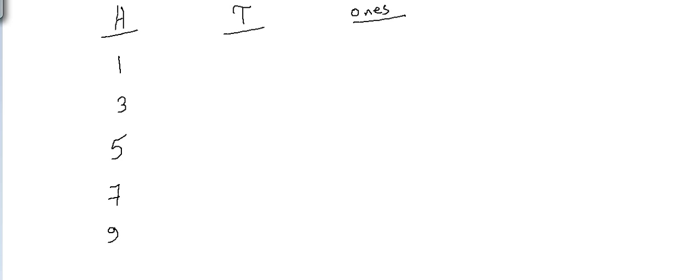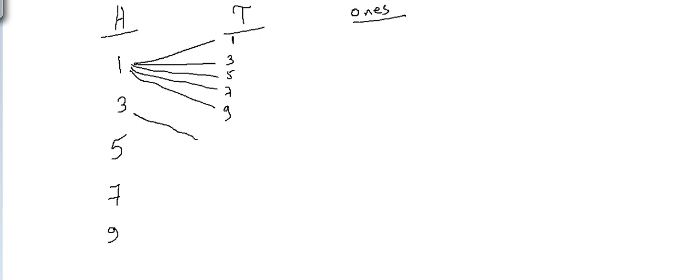Then in the tens place, if I used 1 in the hundreds place, how many possibilities can we have in the tens place? Also 5, because I can use 1 again, or 3, 5, 7, or 9. Same, if I use 3 here, I can use 1, 3, 5, 7, or 9 in the tens place.